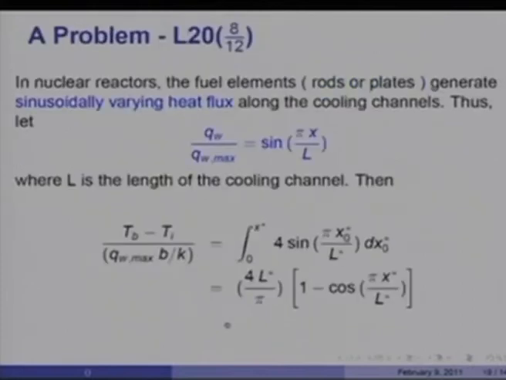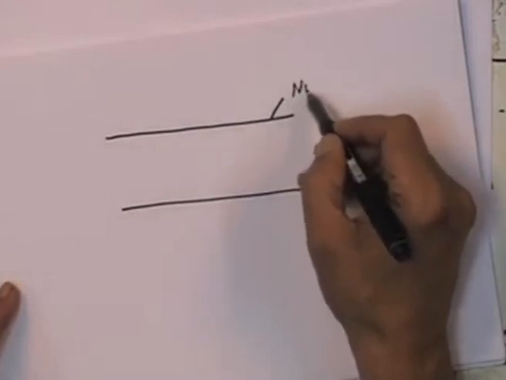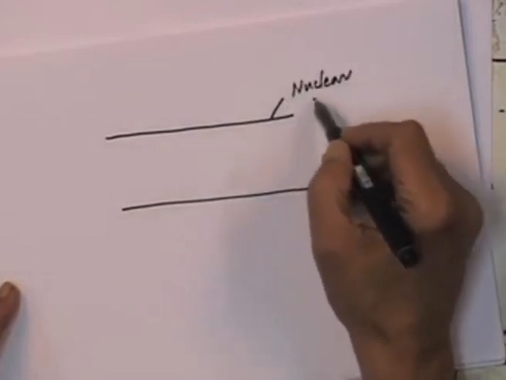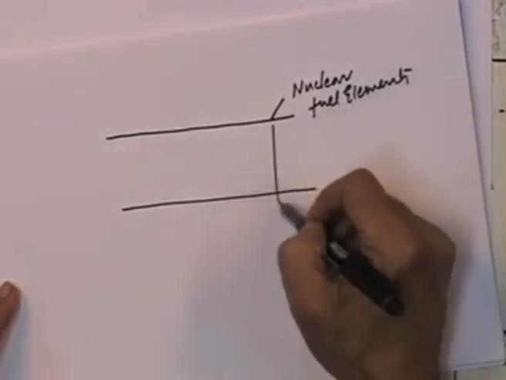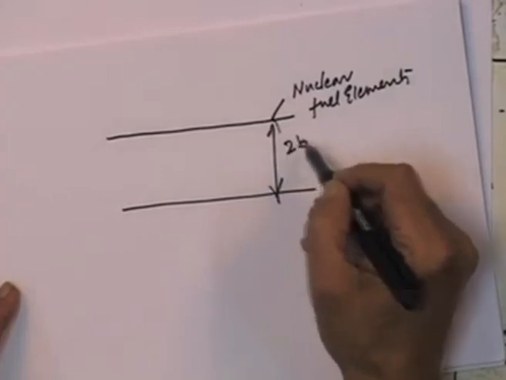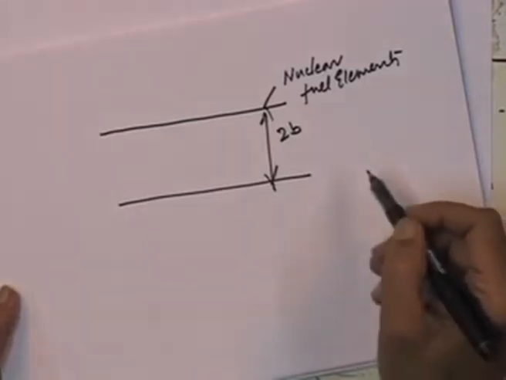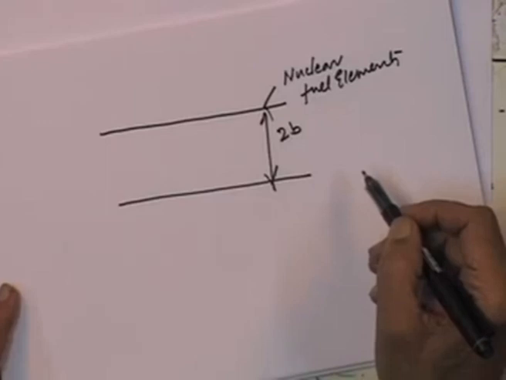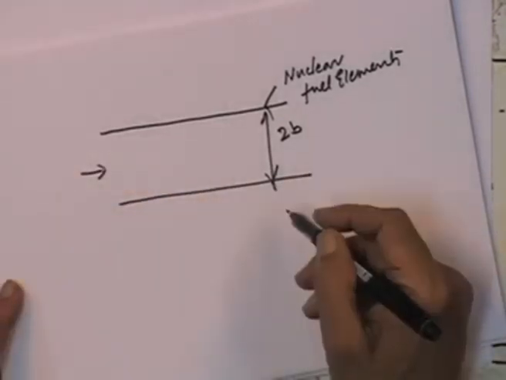So, in nuclear reactors it is quite common. So, consider flow between parallel plates, and these are the nuclear fuel elements. And let us say this is 2B. In fact, the earliest nuclear fuel elements were flat sheets and not the circular rods that we find today. And the coolant would be CO2 in the earliest nuclear reactor built.